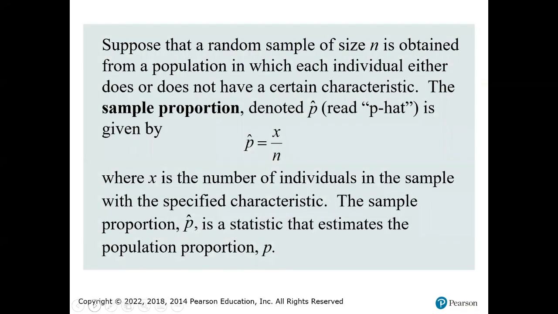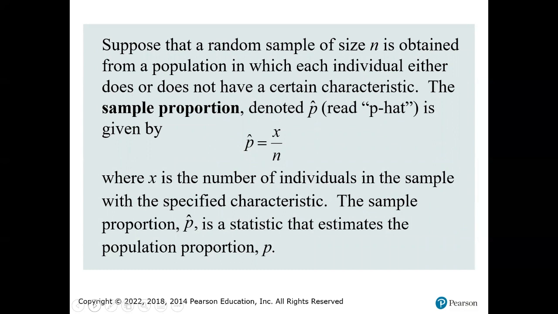Suppose that a random sample of size n is obtained from a population in which each individual either does or does not have a certain characteristic. The sample proportion, denoted as p hat, is given by x over n, where x is the number of individuals in the sample with a specified characteristic. N, of course, is then your total sample.